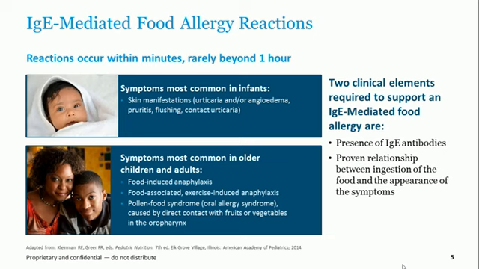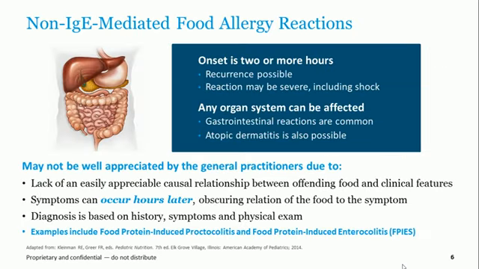The non-IgE is the one that is such a struggle, and those kids go for a long period of time before they get diagnosed because the onset could be more than 2 hours. So you really can't associate it with what you ate at lunch because it's almost suppertime and you're having these reactions.